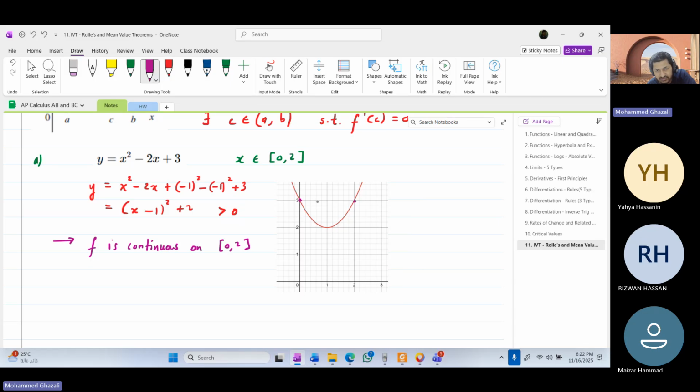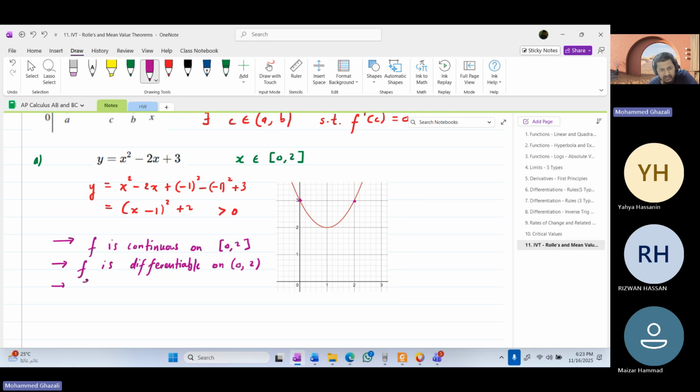You only have this piece of the graph you need to focus on. Don't worry about the rest. f is differentiable. What does differentiable mean? You can differentiate, you can get instantaneous gradients, instantaneous slopes along that line. Differentiable on 0 to 2.